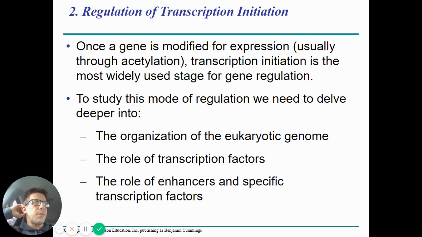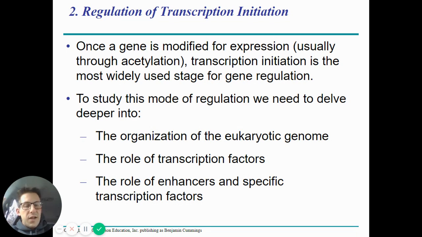So what this statement is telling us is that the cells regulate transcription initiation. And this means that the cell is regulating the start of transcription. That's what transcription initiation is. The cell is going to do different things to regulate whether or not transcription actually begins.